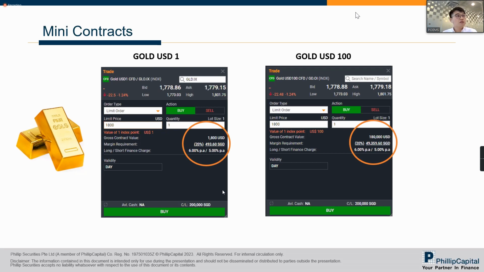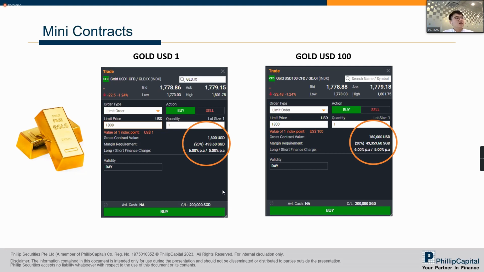If you buy one, the value is only about 1,800 US dollars. You can see the margin requirement for Gold USD1: you just need to put about 20% margin, which is 493 Singapore dollars only. You don't need to put in the full amount of 1,800 US dollars.